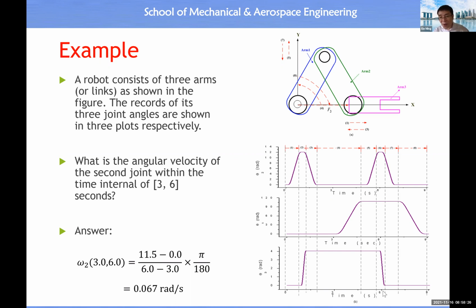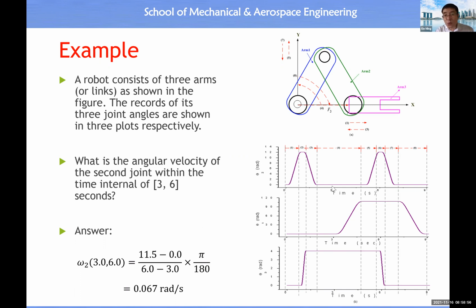When t equals 6, the position for theta 2 is roughly about 11.5. It's between 10 and 12. You see the degree, 10 degree, 12 degree. Then this is roughly 11.5.